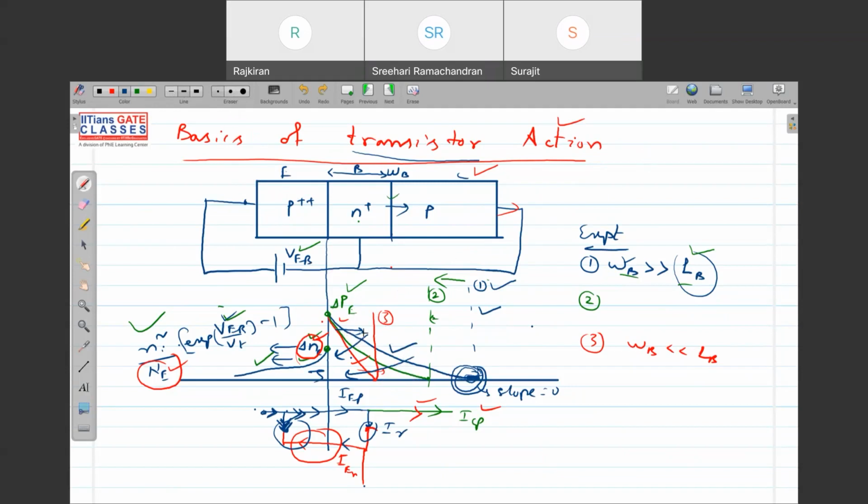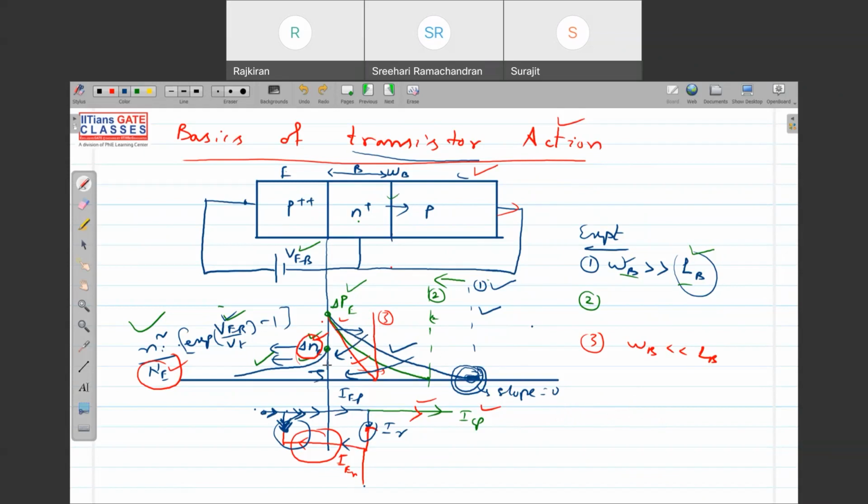If you see approximately the area under the concentration profile, it will give you the recombination. What is the recombination current? Whenever holes are injected, how many of them are recombined. If you decrease the base width, the recombination current IR is proportional to the area under the profile.